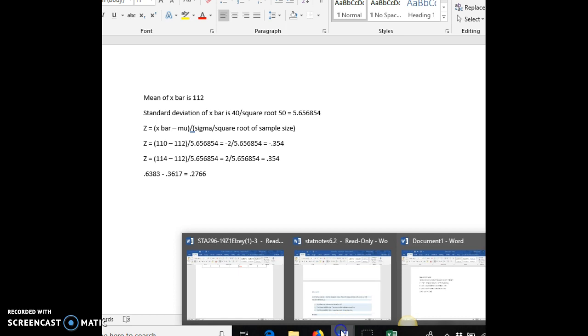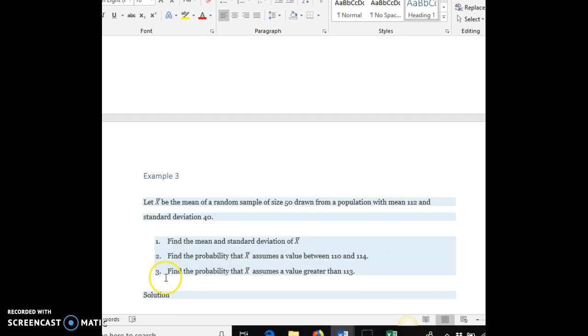Let's go to question 3. All right, so question 3 was find the probability that x bar assumes a value greater than 113. Now remember when we were using our probabilities before for a z-score and we had a greater than problem, we had to find the probability in Excel and then subtract it from 1. And we're going to do that here.